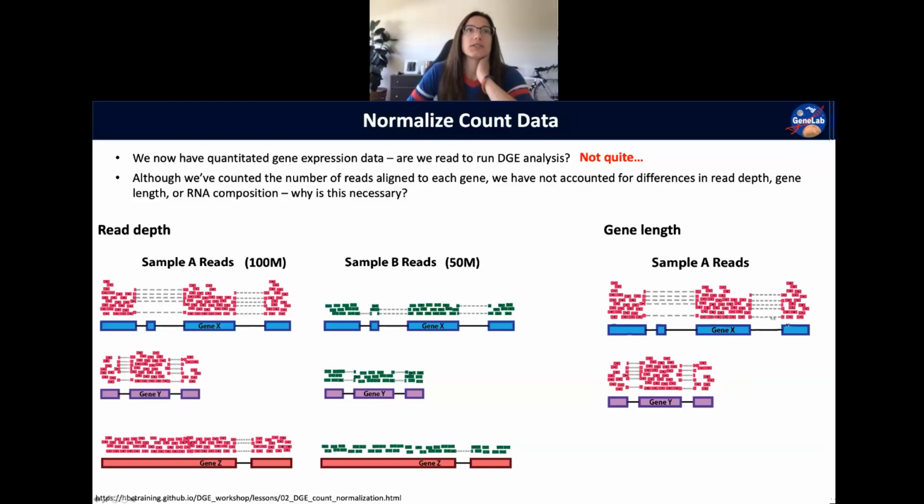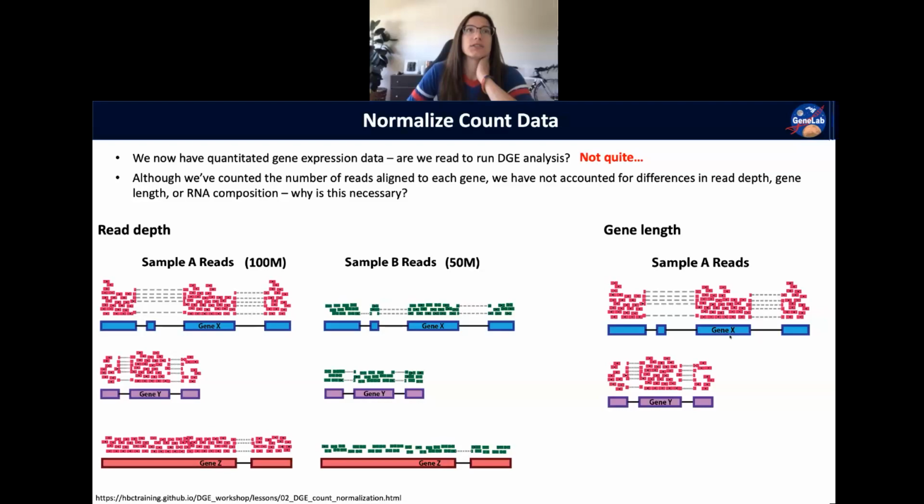Say the number of reads is 100 and the length of gene X is 50, so we divide the number of reads aligning to gene X by 50 in sample A. Gene X is the same length in sample B, so we divide by 50 in sample B too, and also in sample C. You're dividing by the same number in all samples.